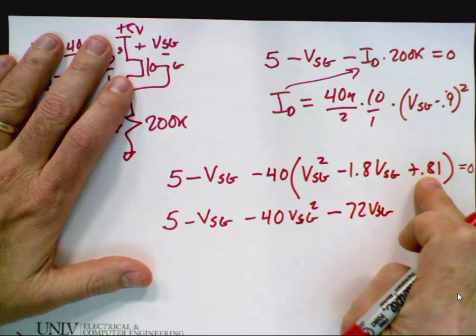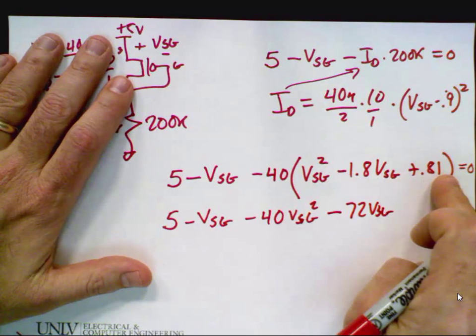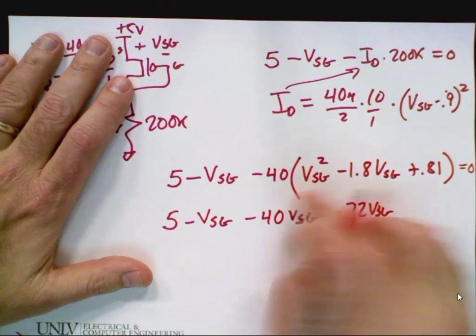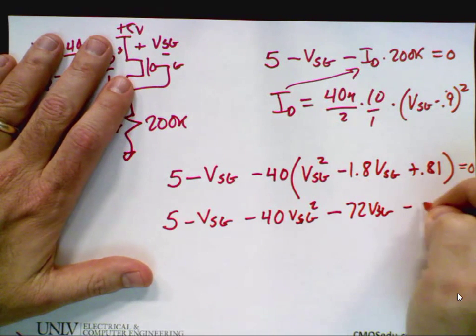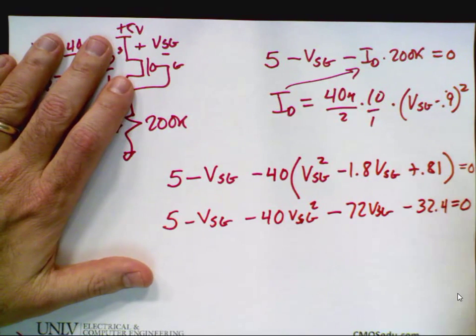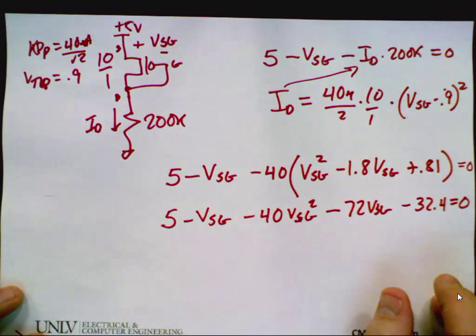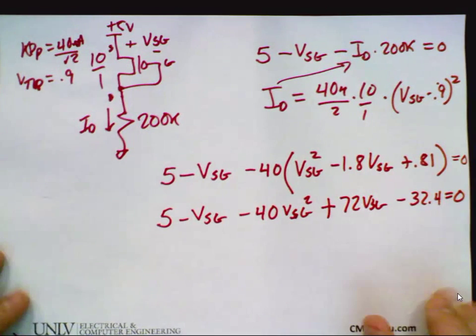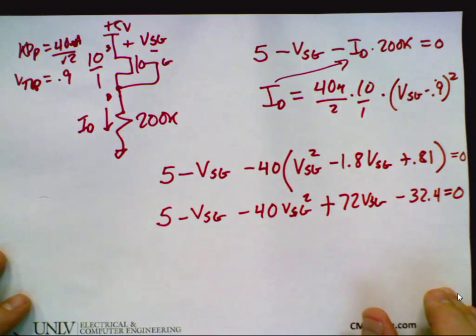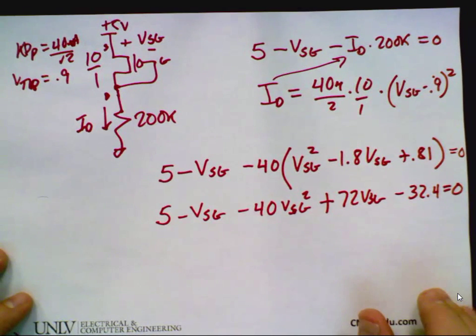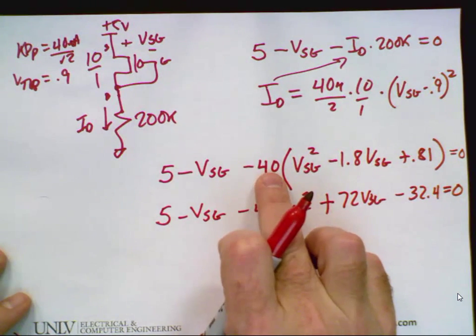Eight times 4 is 32. 0.1 times 4 is 0.4, so 32.4. Positive, thank you. Don't want to get the quiz wrong. And I probably should have just divided through by 40. Oh well.